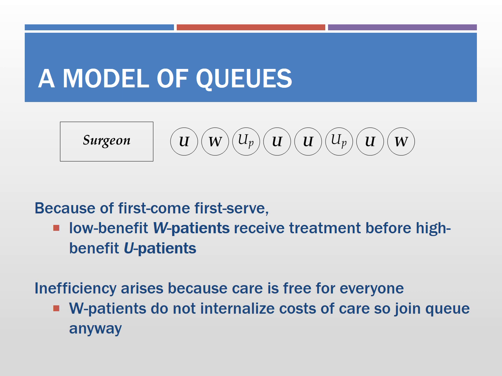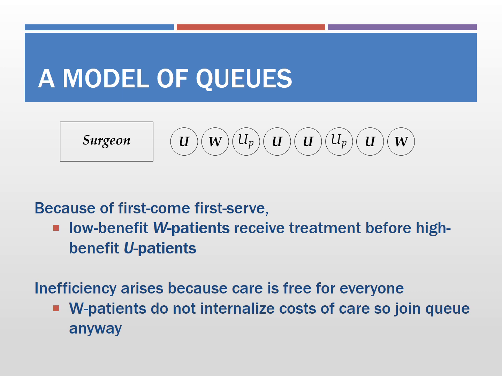First of all, as you can see, if there is a patient considered to be a W patient, with very low benefits from the treatment, getting in line before those who can get the most out of the surgery, the U patients, then the service will get to those low benefit patients before the high benefit ones.